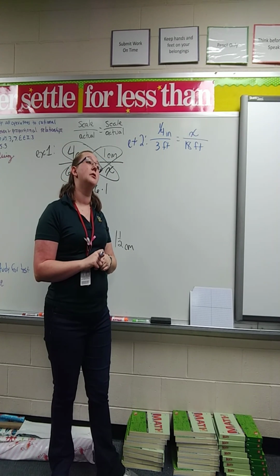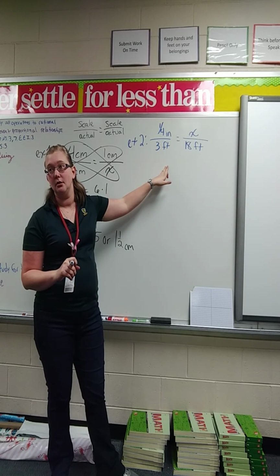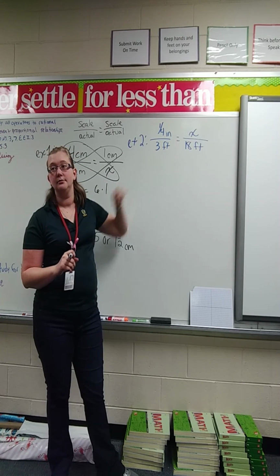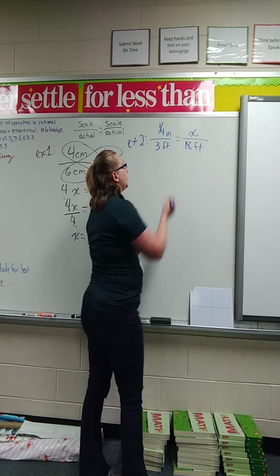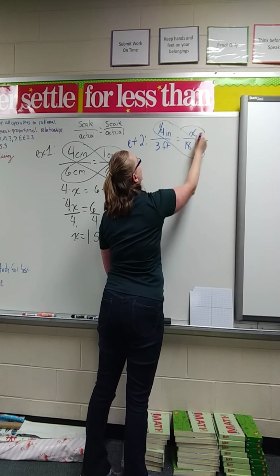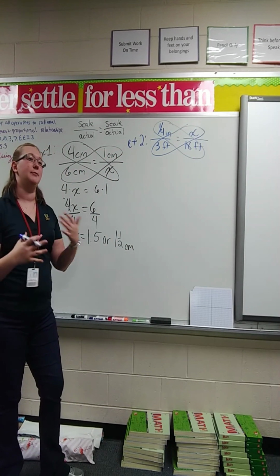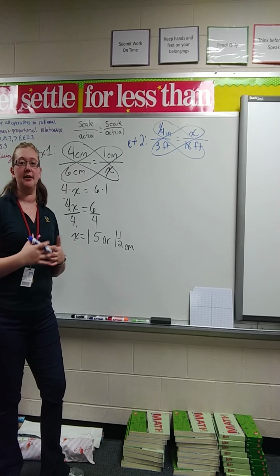What do I do to solve this proportion? I need to cross multiply. When I cross multiply, what do I write for my first line of work?